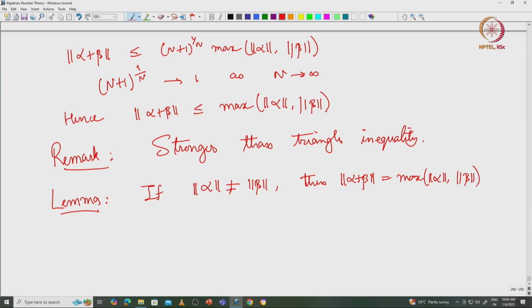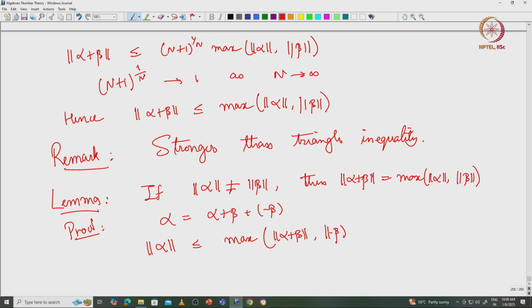And why is that? Well, here is a proof. What you do is you write alpha as alpha plus beta plus minus beta, and so you get valuation of alpha is less than or equal to max of valuation of alpha plus beta, comma valuation of minus beta, but that is the same as valuation of beta.